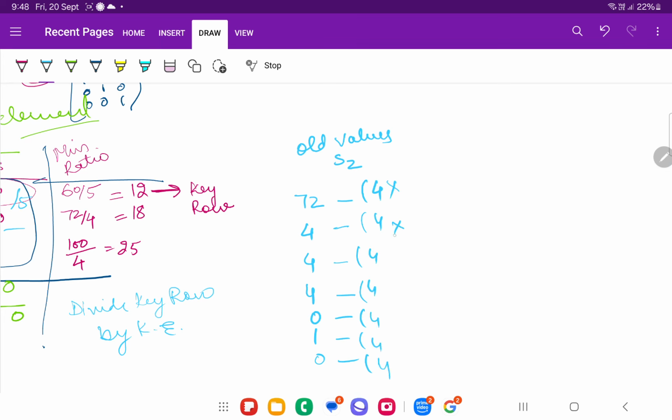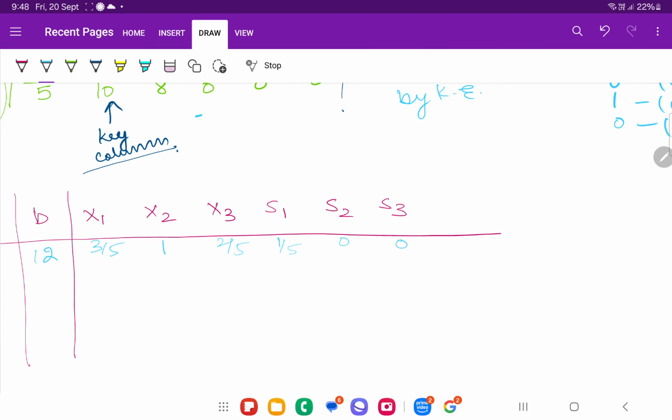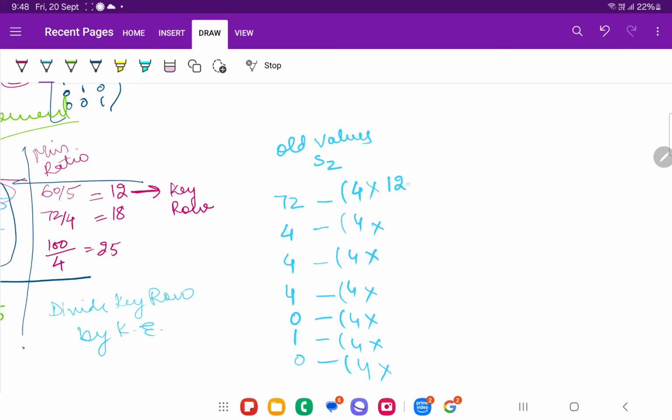Then I'll put a multiply sign by the new values of the key row. These were the new values of the key row. So that is going to be 12, 3 by 5, 1, 2 by 5, 1 by 5, 0, 0.